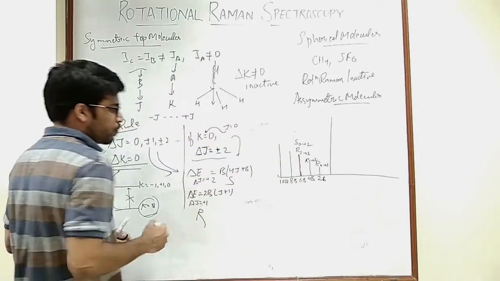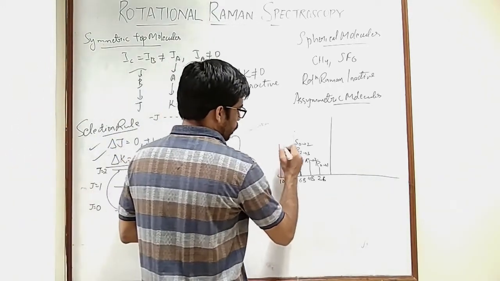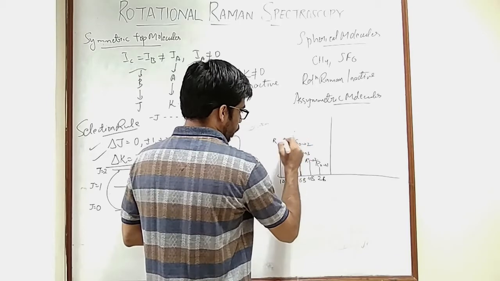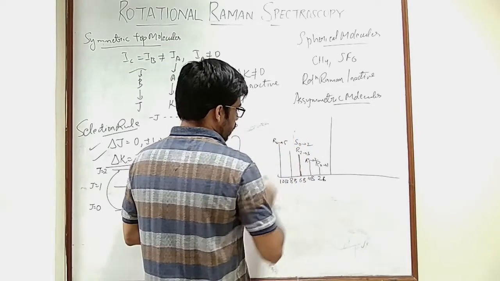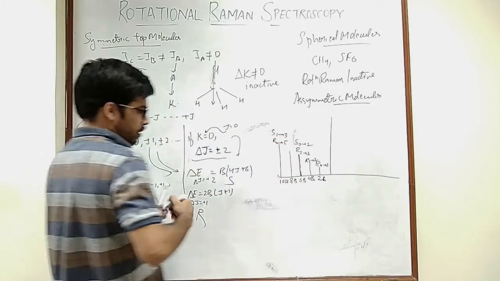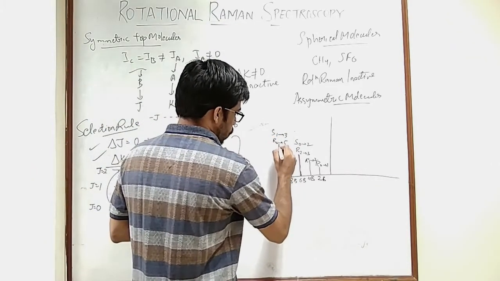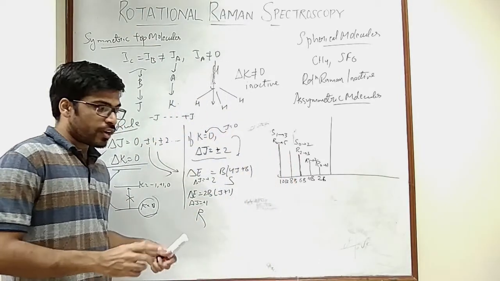Now again, for J equals 1, I'll get 10B for an S line. So let's say this is your R 2, 3, 4 to 5, and at the same time I have S 1 to 3. So again, this is going to be an overlap. So what do I mean from this spectrum?